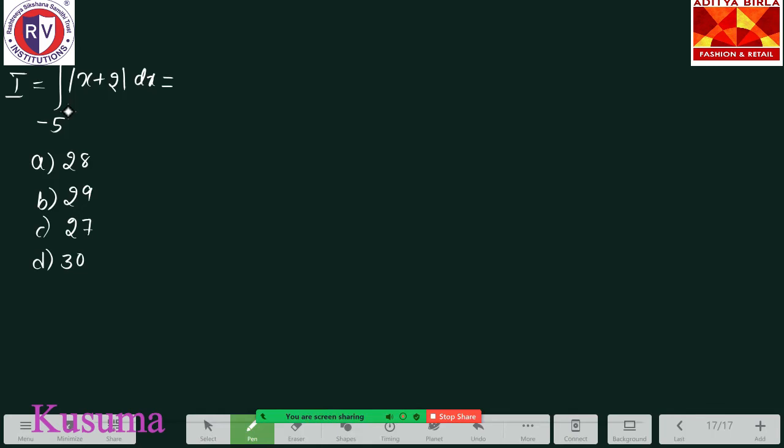Look at this. So when x is from -5 to -2, what about the value of x plus 2? When x lies between -5 to -2, what will be x plus 2?